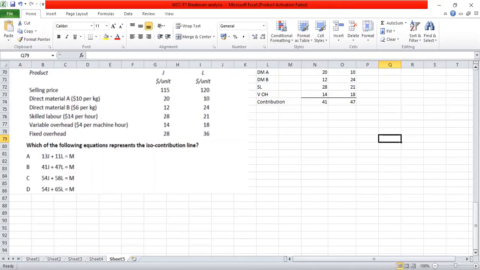You should also have the practice. You should learn the habit of watching various videos on different topics. So maybe this time you go to YouTube and type ISO contribution line. Somebody must have explained it with a video. That would be much clearer.